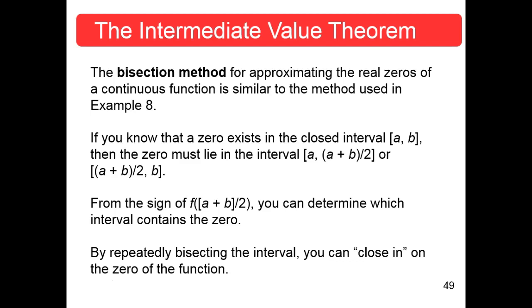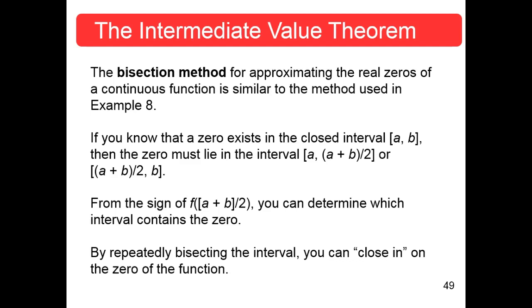Call it the bisection method, for approximating real zeros of a continuous function. Similar to the method used way back in example 8. If you know a zero exists on the closed interval a to b, then it must lie somewhere between a and (a plus b) over 2, or between (a plus b) over 2 and b.